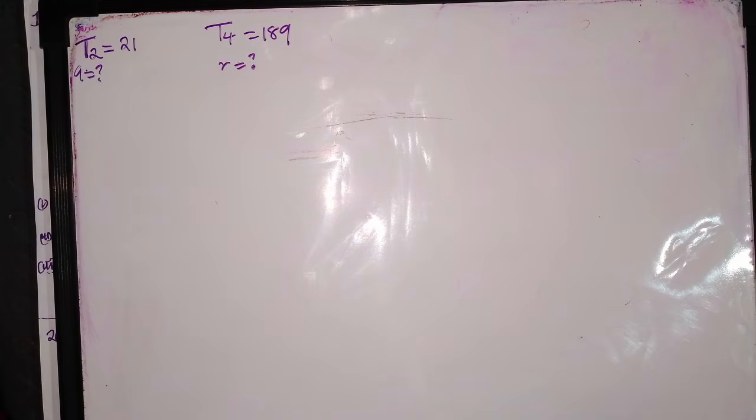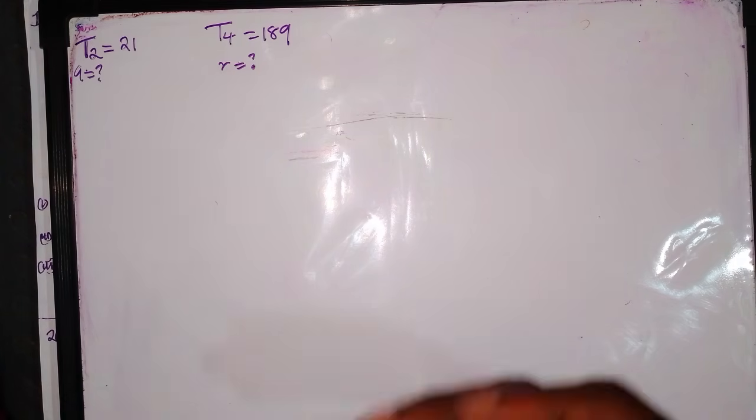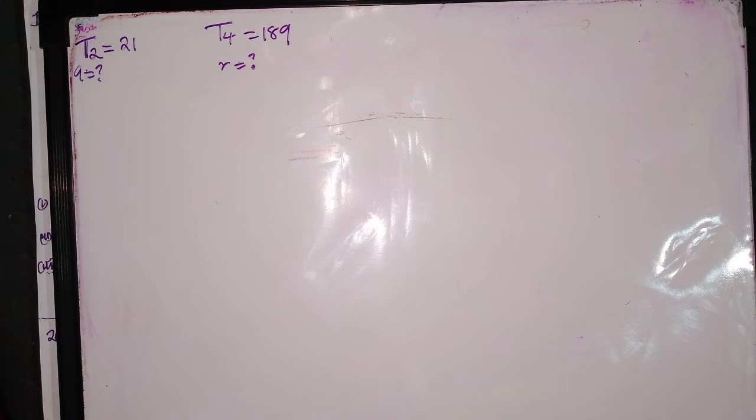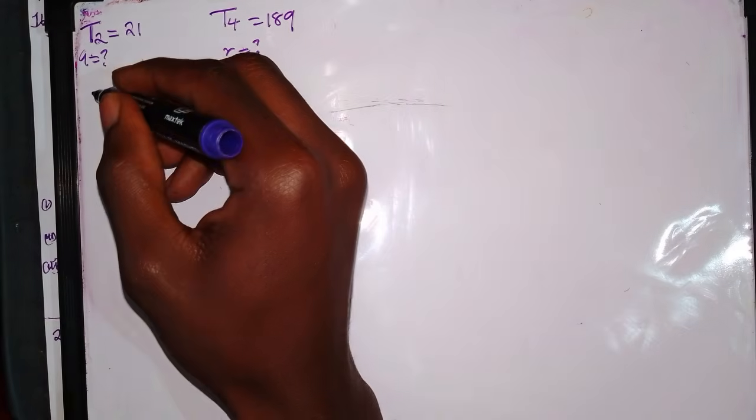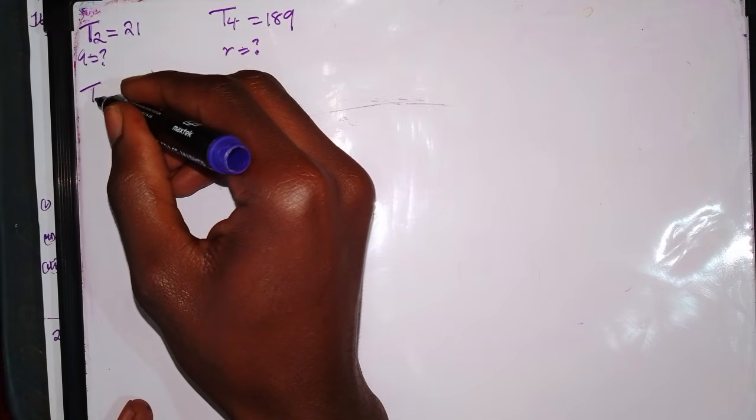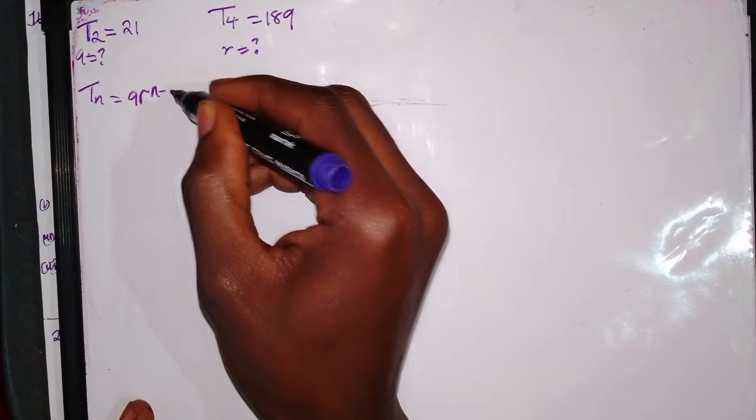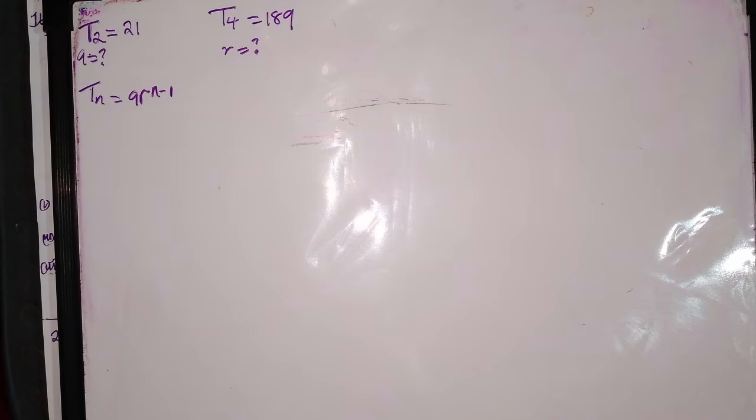So now let's talk about the formula, for those of you who are watching this video for the first time, or revising for the first time. We say that the formula for GP is A R^(n-1), where A represents the first term, R represents the common ratio, and N is the position of the term you want to find.